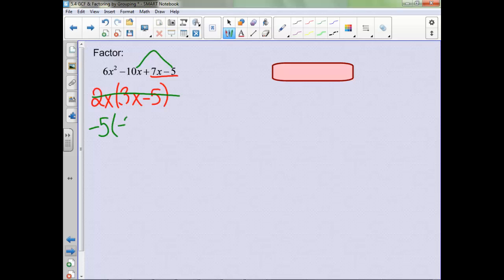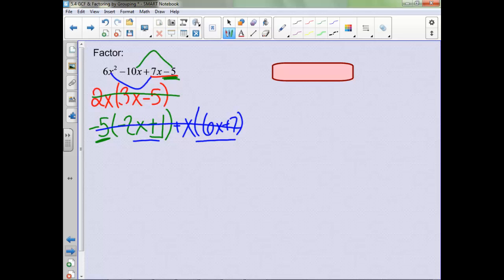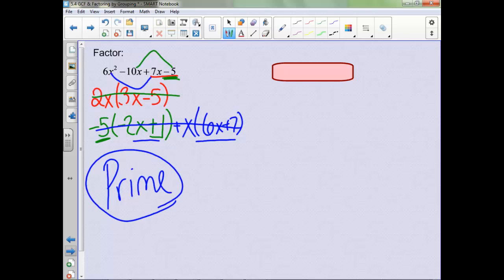We're left with -2x plus 1. Notice here we're dividing a -5 by -5, so it's a +1. And then when we group these two, we can take out an x, and we're left with 6x plus 7. Well, these still aren't the same, and those are the only options for grouping. So if this doesn't work, then it's prime again. If there's nothing we can do, we can't factor.